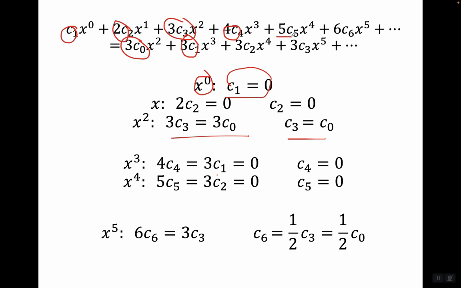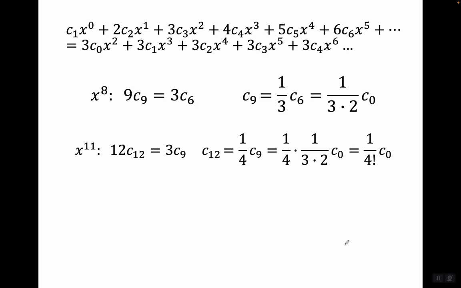Similarly, we're going to find that 5c5 is 3c2, but c2 is 0, so c5 is 0. And then we have 6c6 equals 3c3. Those are the coefficients of x to the fifth. Dividing both sides by 6, we get c6 equals half c3. c3 was the same thing as c0, so we can write that as half c0.